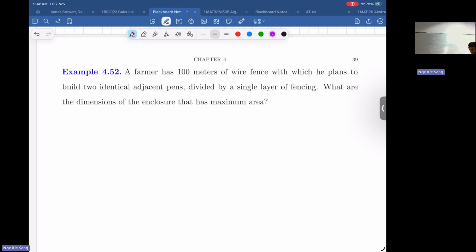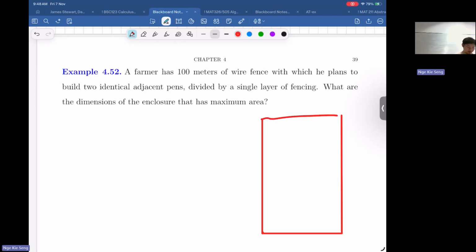So what does it mean by adjacent pens here? It's just where you should grow your veg. The pen is a rectangular shape, but they build two identical adjacent pens, meaning this rectangle should be split into two identical parts.